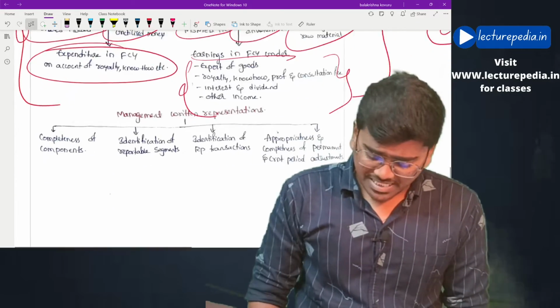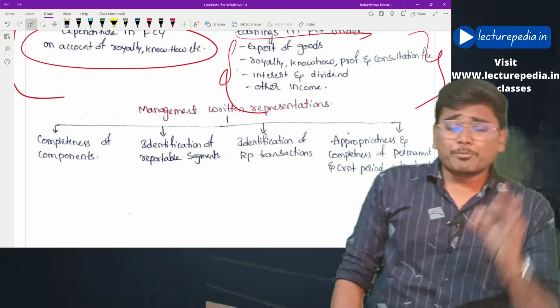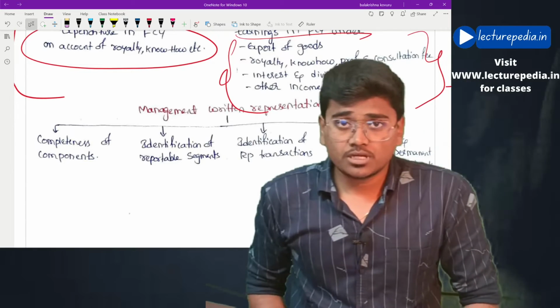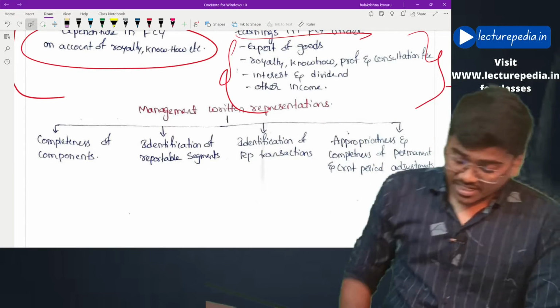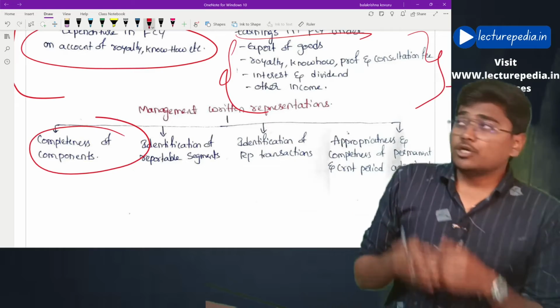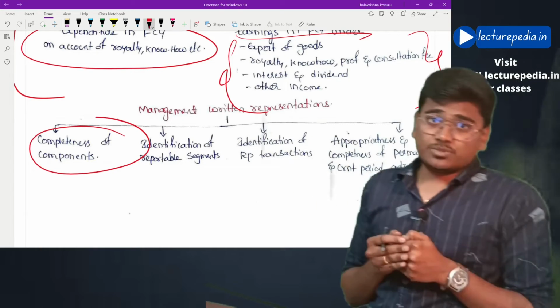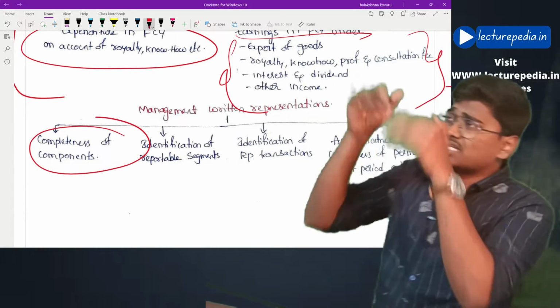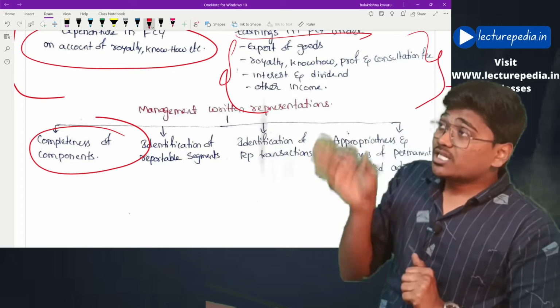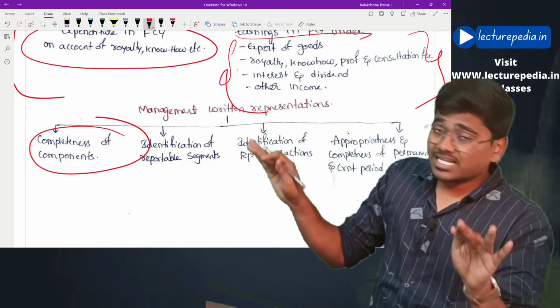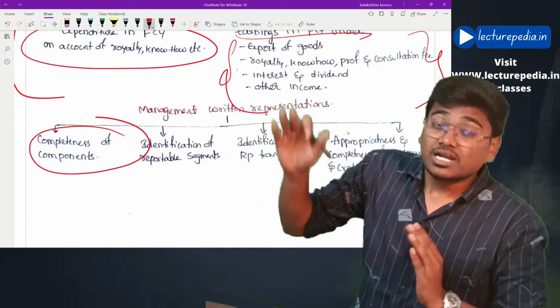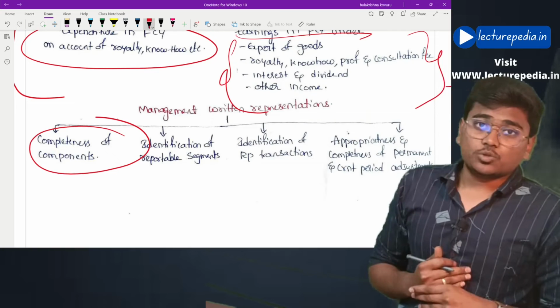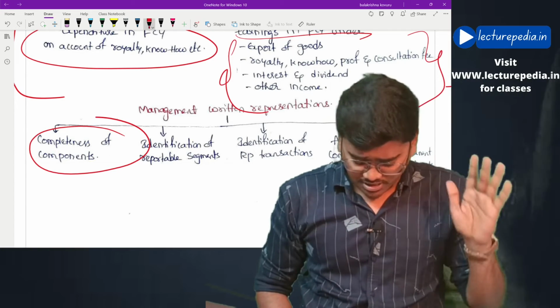Next, you should obtain certain management representation letters. Related to what? Related to completeness of components. You have to take a written representation from the management stating that the management has given us the list of components, and that the list of components is accurate and complete. You have not missed any component. This is the first written representation.